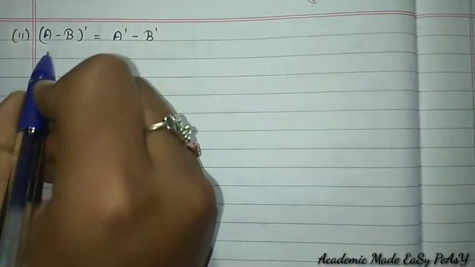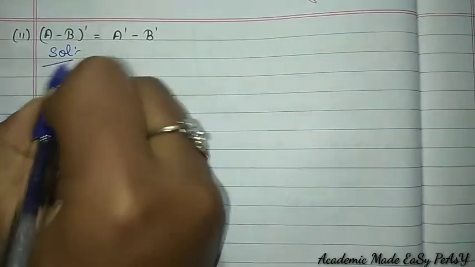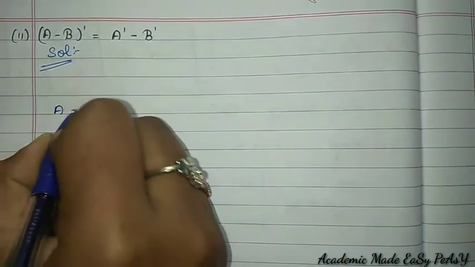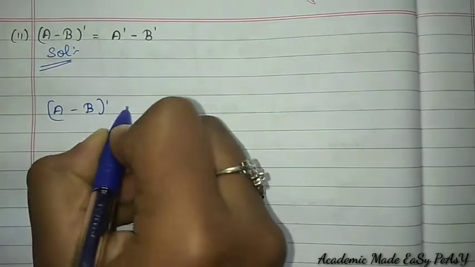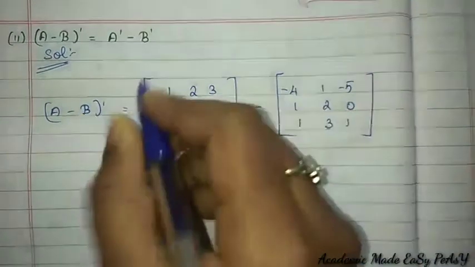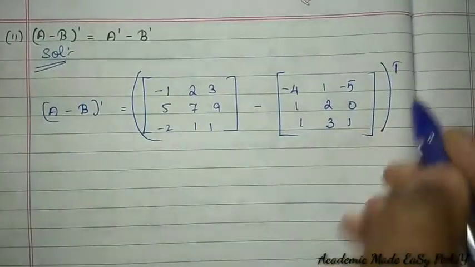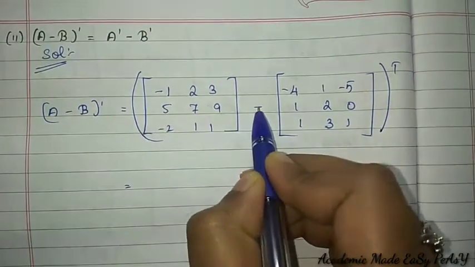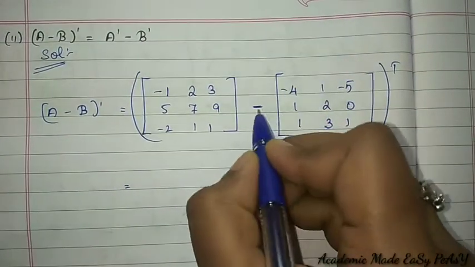First I will be doing A minus B the whole transpose. So A minus B the whole transpose is equal to the whole transpose, isn't it? Now I will be adding, since here it is minus, I will be changing the sign.